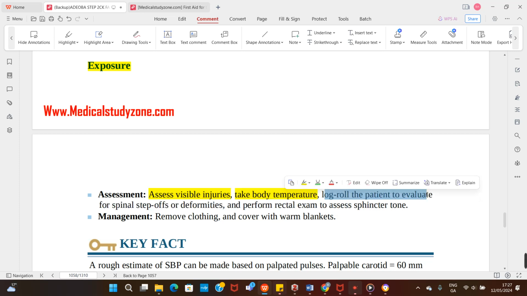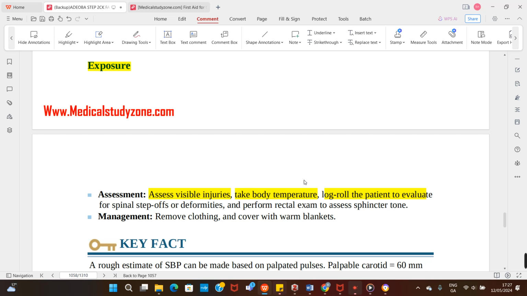What you are doing in the log roll, we can watch a video on it if we have time, is having three people with their hands on the shoulder, the hip, the legs, with some of them crossed over one another, and you are rolling while somebody is at the head, stabilizing the neck of the patient. That's the person doing the cervical stabilization.